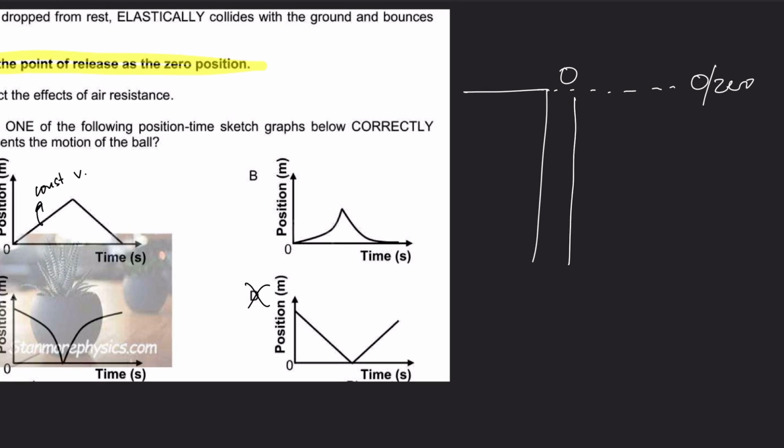As this object goes down, its displacement or its position is going further away from 0, right? I mean, it could be 20. It could be minus 20. It doesn't matter in this case because they don't tell us which direction is positive. But the idea here is that it's moving away from 0. So as that object is going down, it's moving away from 0.